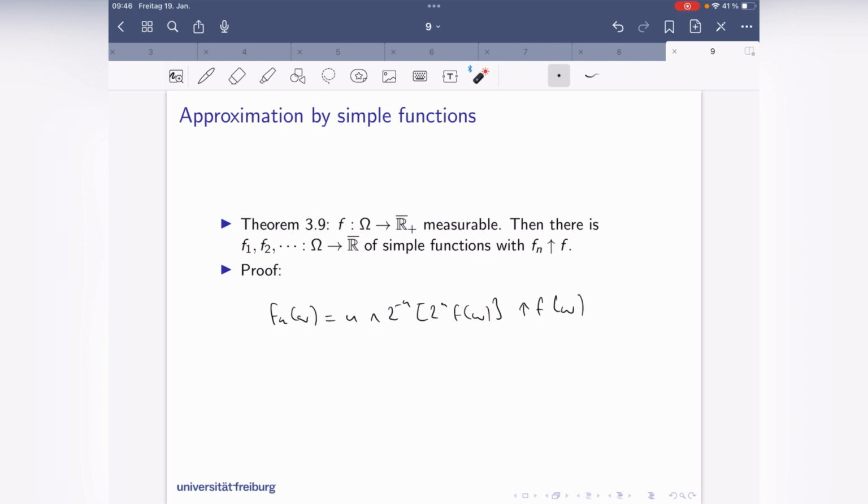Well, we know this if the pre-image of any set with constant value is measurable. And this here means, for example, this here needs to be measurable.